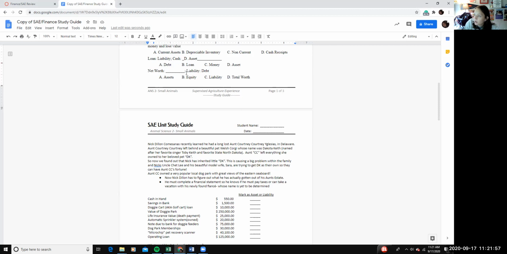So this one's actually going to be equity. Actually, sorry, D, total worth. Equity is technically something a little bit different.